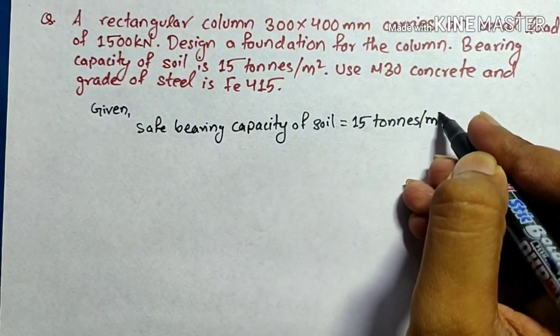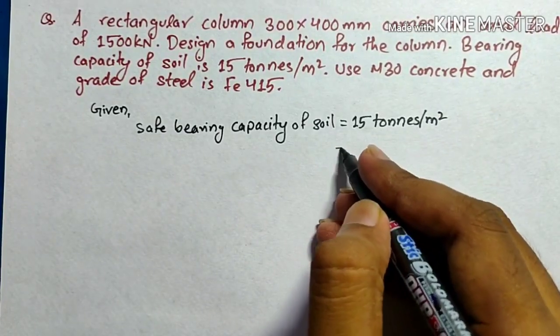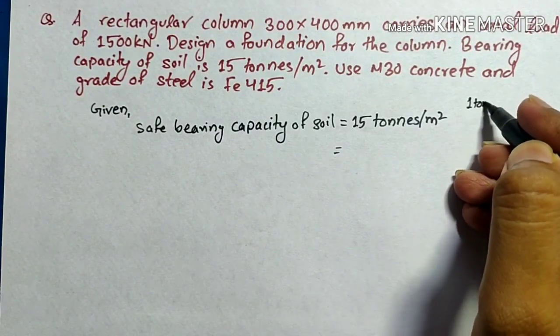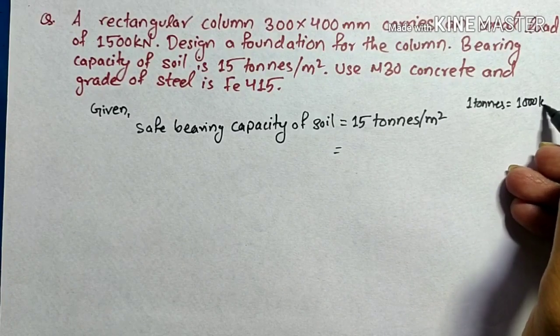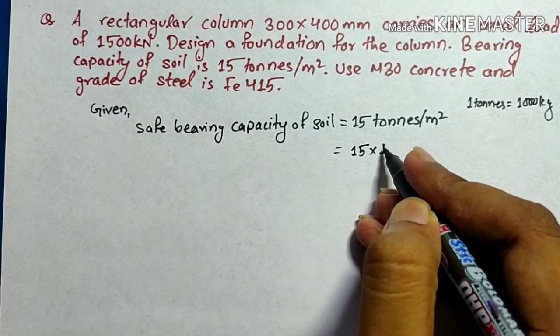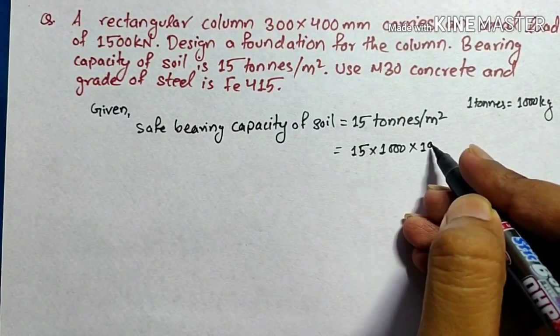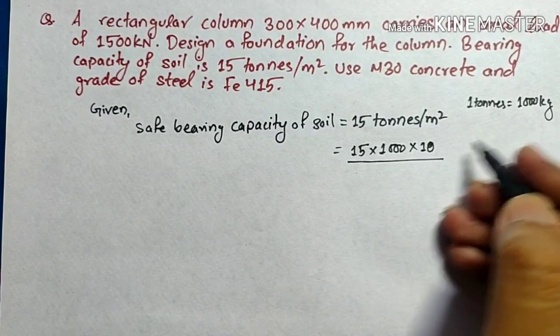Let's convert it into kilonewton per meter square, and we all know that 1 ton equals to 1000 kg. So let's multiply it by 1000 and then with relation to gravity taking g. Now it is converted into newton.